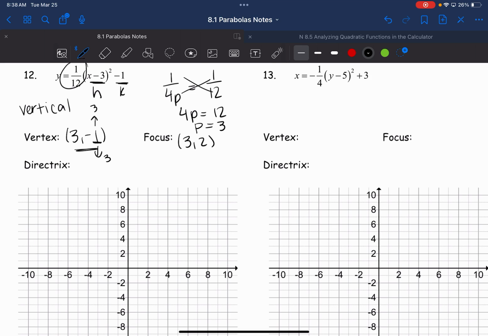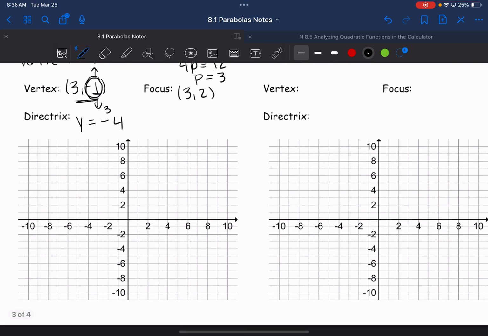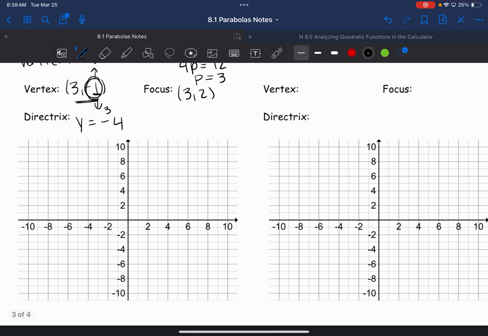Okay, so remember your focus is a point, but your directrix is a line, right? So I'm going to go 3 places down from -1, which would put me at -4. And remember, it's a horizontal line, so that would be the equation y equals -4. And those are the only 3 things that you need to graph this.